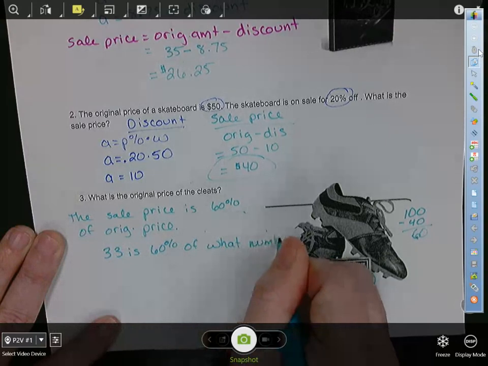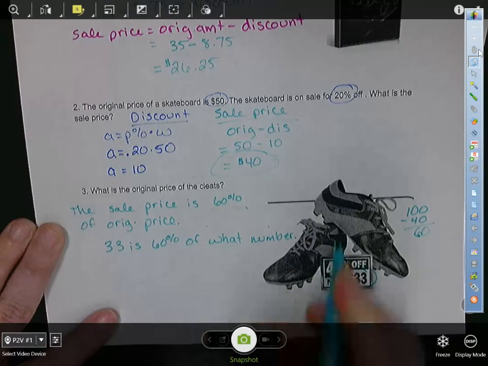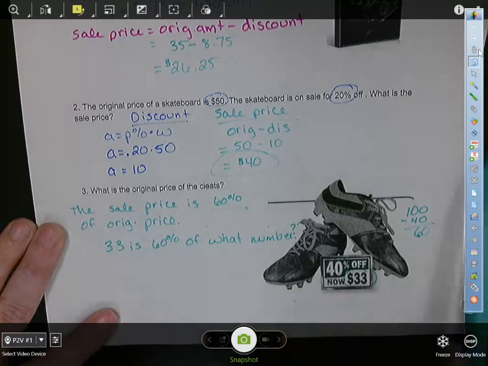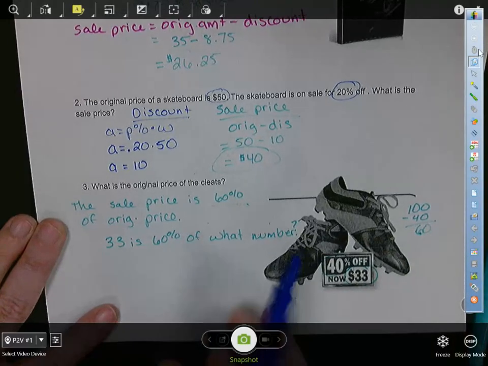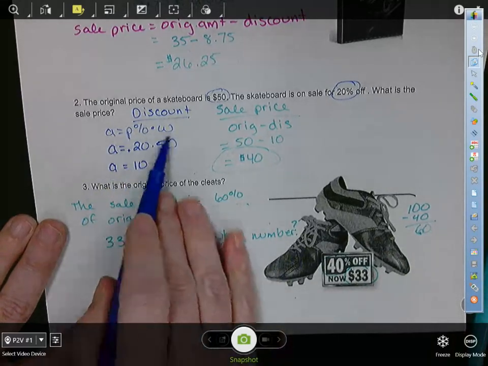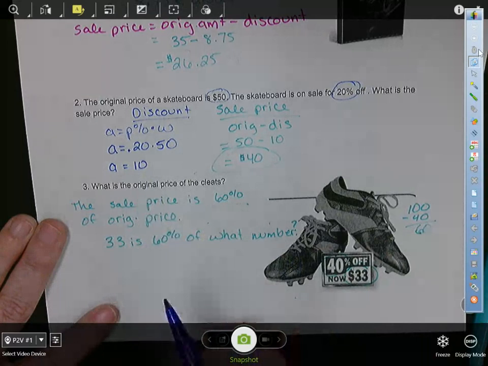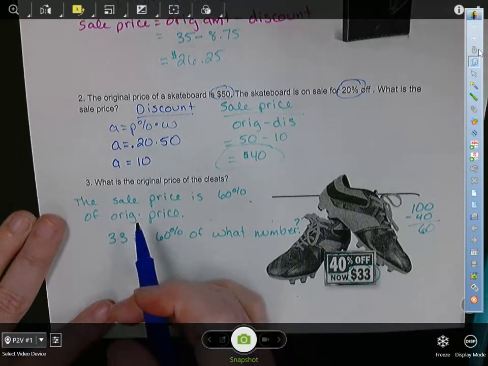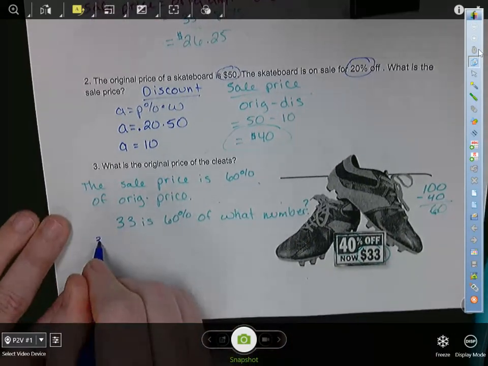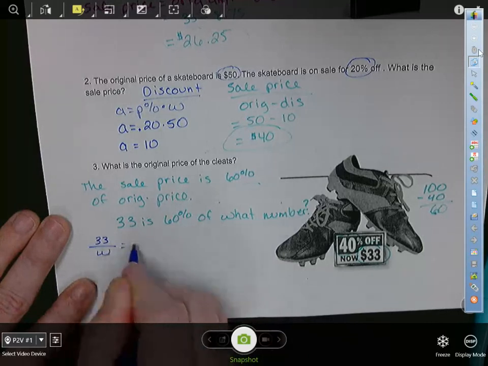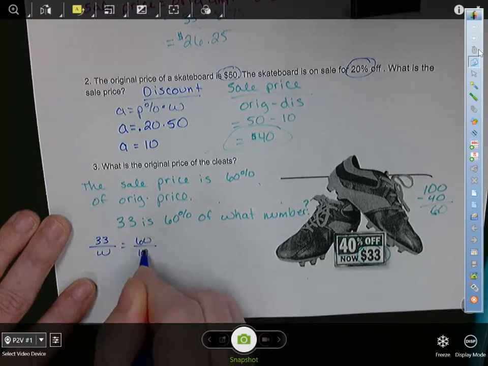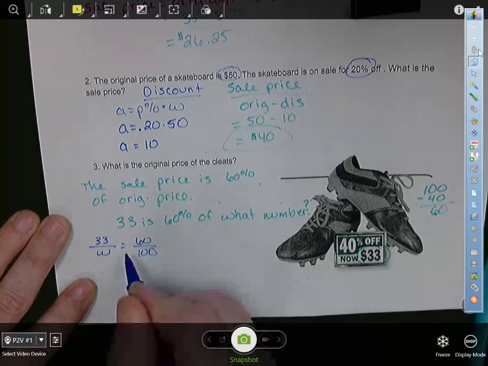Now, I know how to solve this. We have been doing this. You can use the percent proportion or you can use the percent equation. Either one's fine. So it would be 33 over W equals 60 over 100. And then we cross multiply.